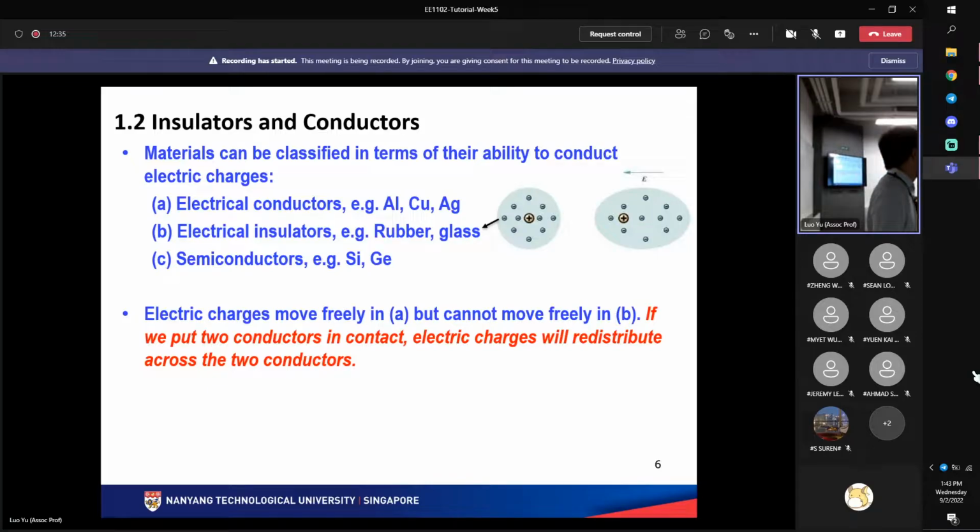That is insulator. The third material is semiconductor, whose property is between conductor and insulator. In nature, a pure semiconductor such as silicon or germanium cannot conduct current, so it behaves like an insulator. But we can easily make this kind of material conduct current like a conductor by doping it with some impurity.